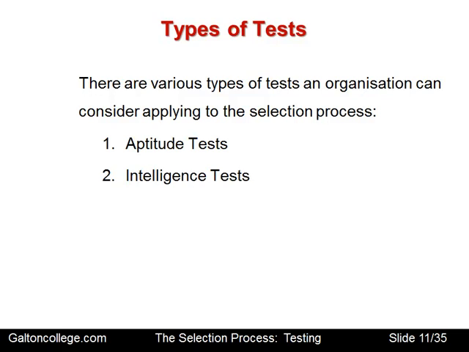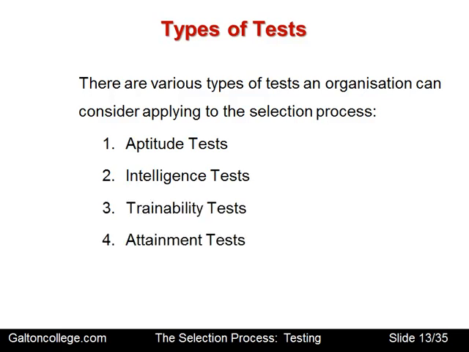Intelligence tests may be used, trainability, attainment, personality. Now, we'll go across each of these very quickly just to see what's involved in each of them. But these are the various types of tests that may be conducted on candidates.